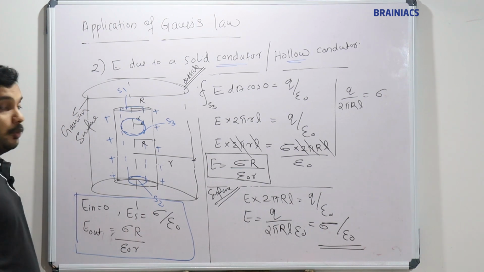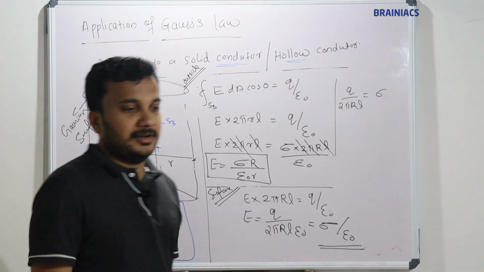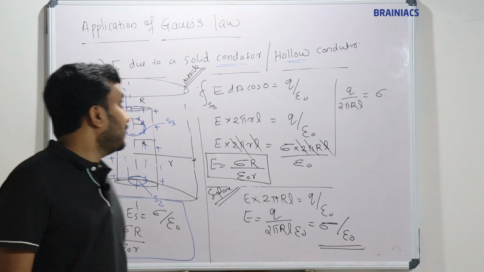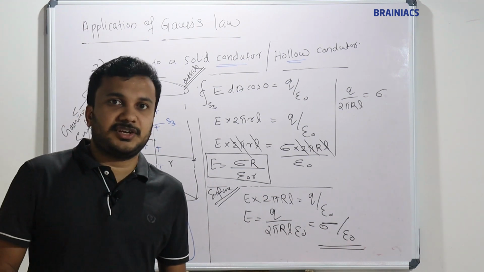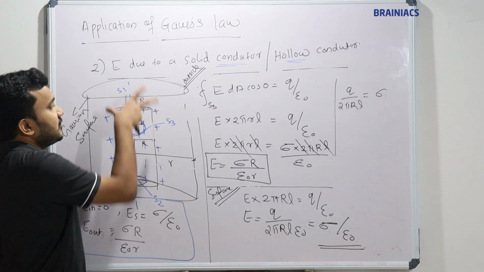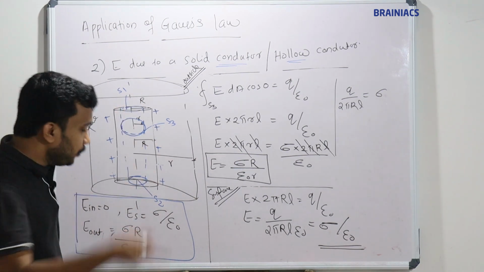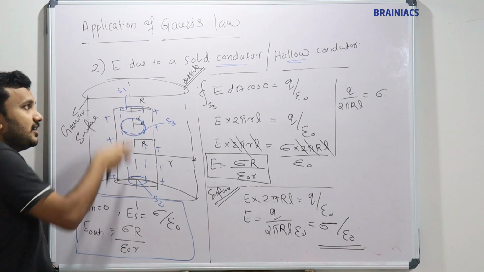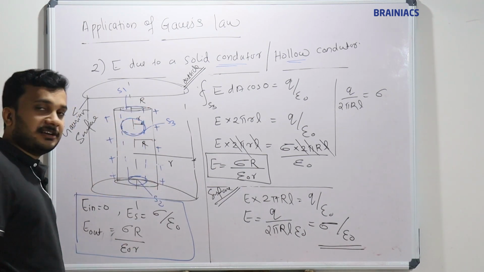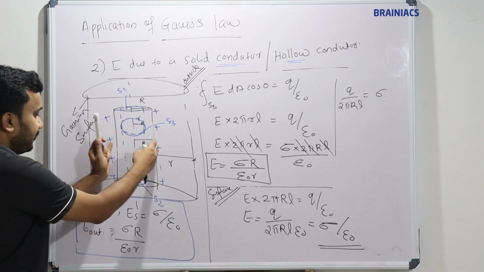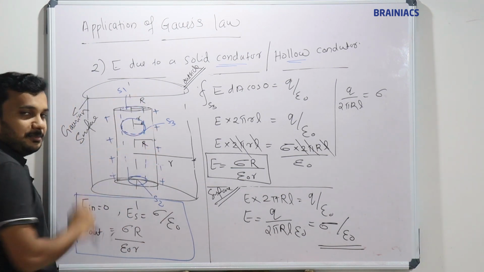This is for a hollow conducting cylinder. Normally, if a question says solid conducting or hollow conductor, or has statements indicating charges are present only on the outside, then if you consider any Gaussian surface within the cylinder, we get charge equal to 0 and the electric field inside will be equal to 0. At the surface we have an electric field because surface charges are present.